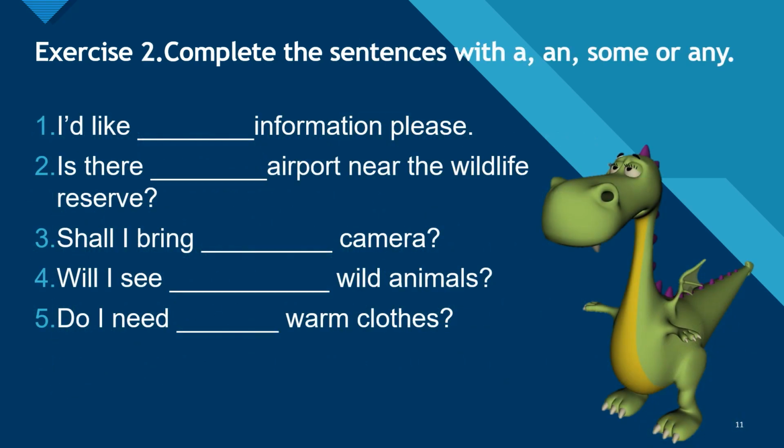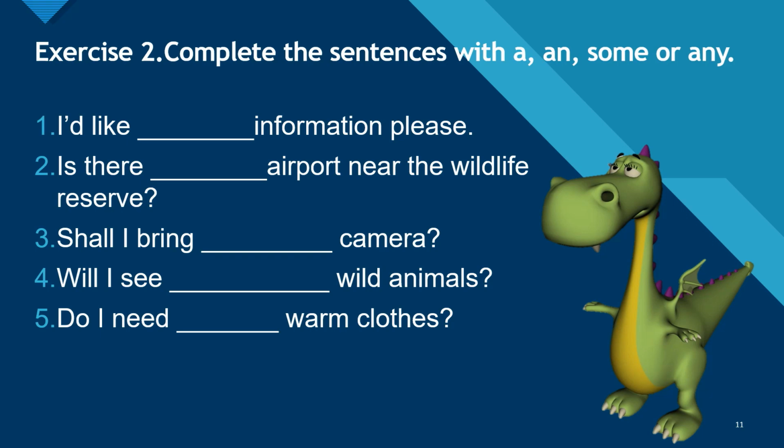Let's try exercise 2. Complete the sentences with a, an, some or any. So here you have 4 choices of answers. So let's try exercise number 1. I'd like some information, please. So the noun here is countable or uncountable?